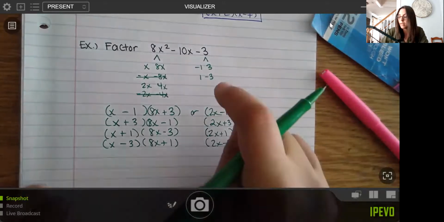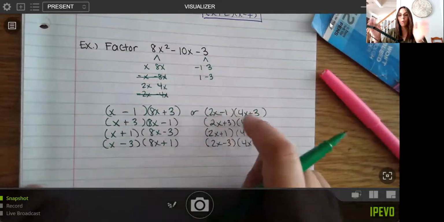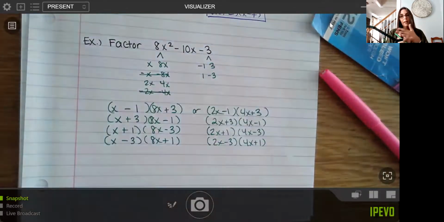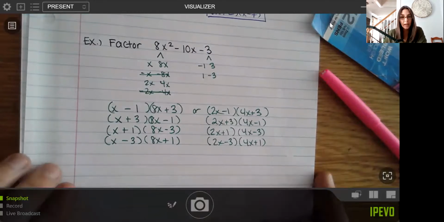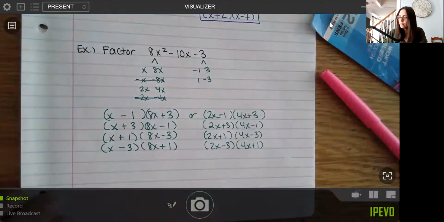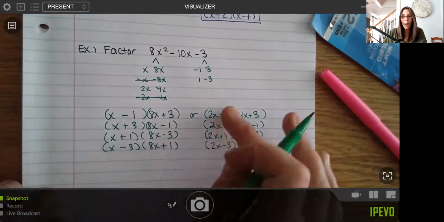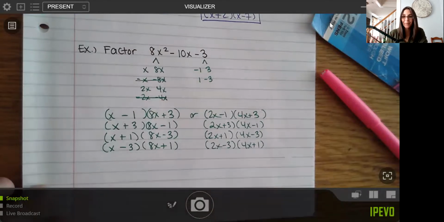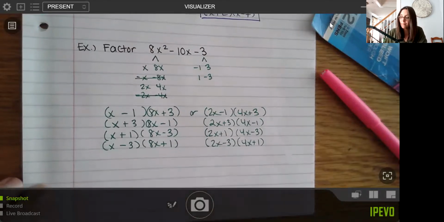So I'm using the combination, but again, I have to think about the ordering because now I have different numbers here. So when I multiply out, I could get different answers by switching the ordering. So it gets quite complicated quite fast here when you don't just have an x squared term in the front. So here I actually have 8 options to try. So I'm hoping I'm going to guess the right one right away. But if I don't, I'm just going to try again.